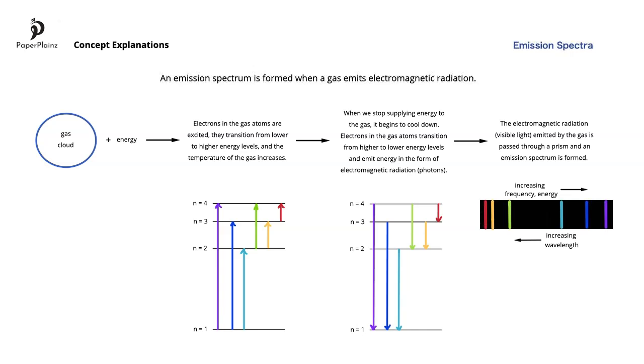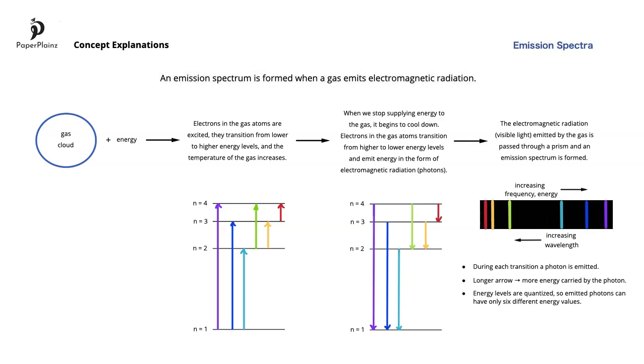Let's take a moment to discuss why in our example here we only get specific lines instead of the entire continuous spectrum. As we said, during each transition that is represented on the diagram, a photon is emitted by an electron. The longer an arrow, the more energy is emitted during a transition, which of course also means more energy carried by the emitted photon. The key here is that, as we learned in the previous video, energy levels are quantized, which means that the photons that are emitted by the gas cloud can have only 6 different energy values.